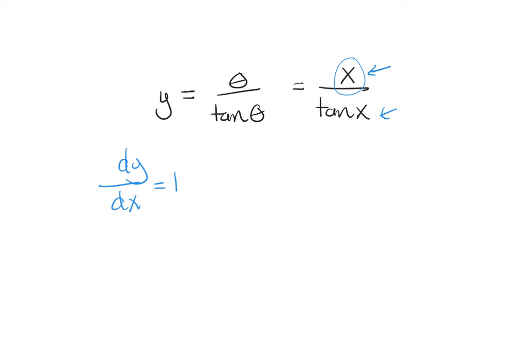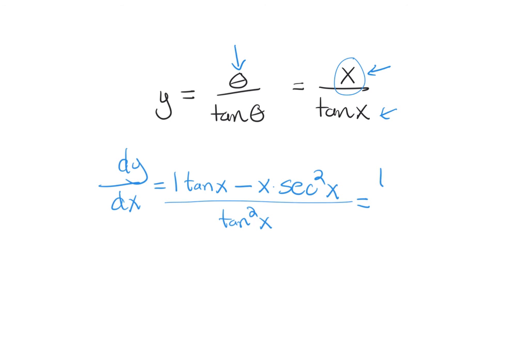So 1 times the second function, which is tan x, minus the first function x, times the derivative of the second one, which is secant squared, all over the second function squared, so tangent squared. And since the problem started with theta, we really should stick with that. So tangent of theta minus theta secant squared over tan squared.